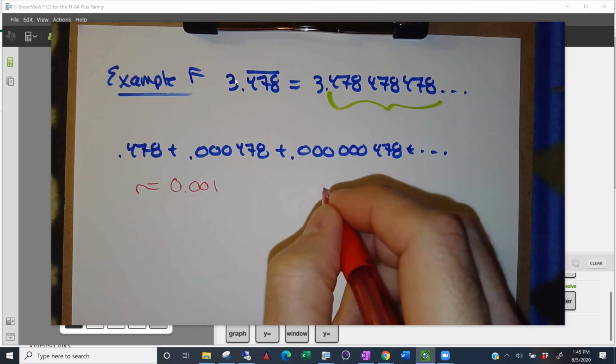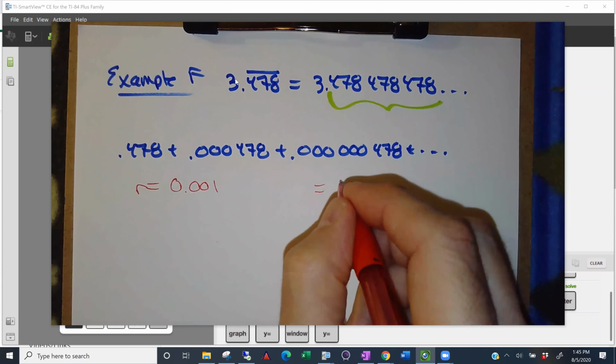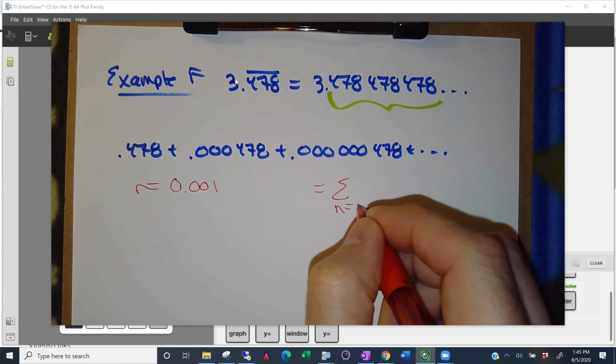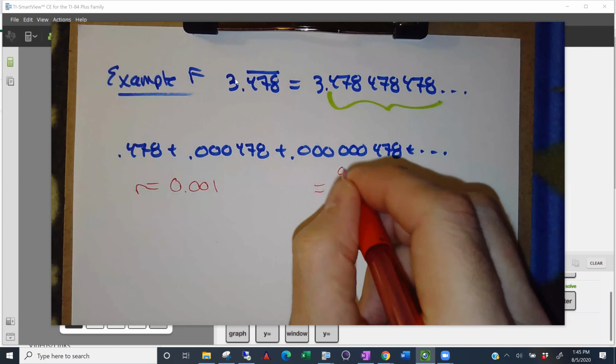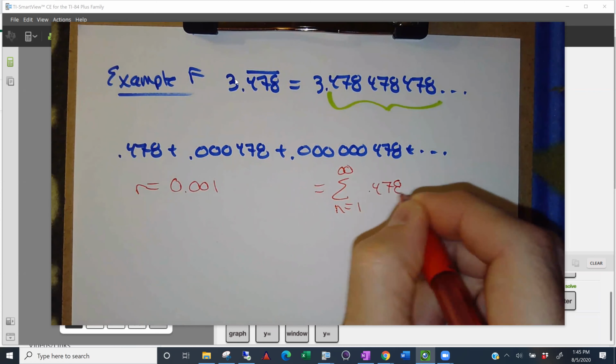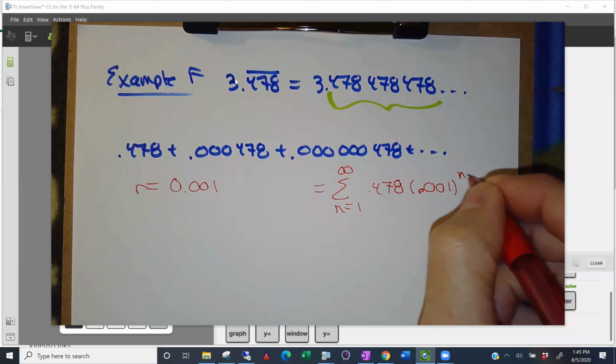This is a geometric series. If you wanted to write it in a fancy way, you could write it as the sum from n equals 1 to infinity of 0.478 times 0.001 to the n minus 1.